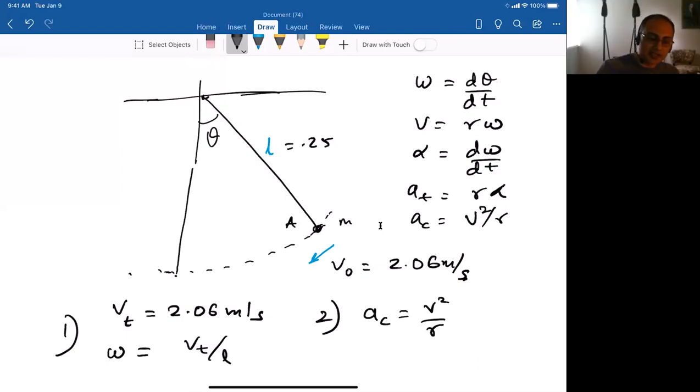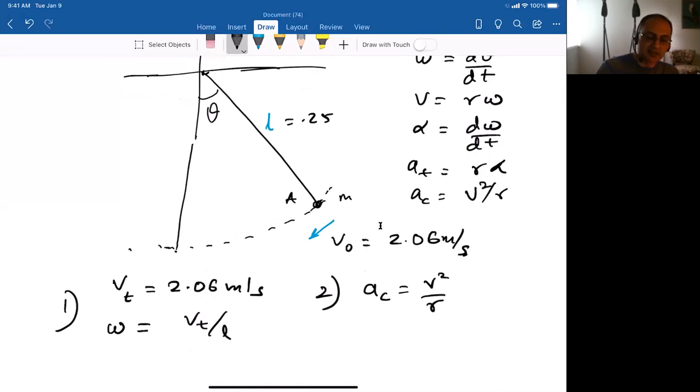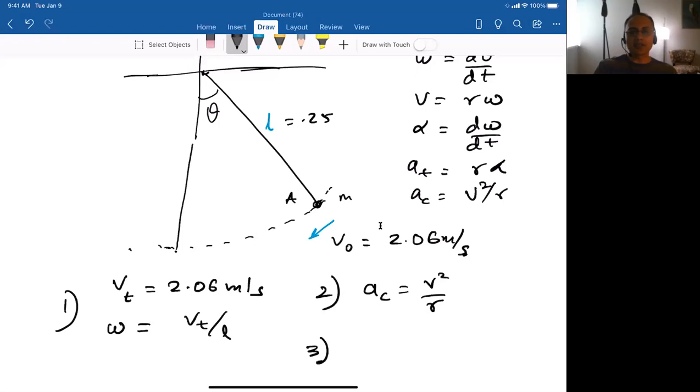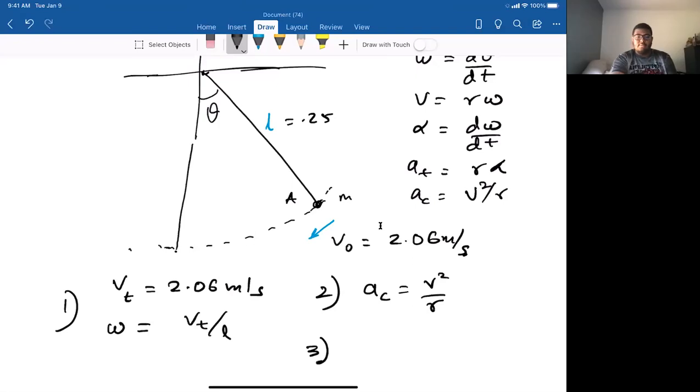The third question is, what is the tangential acceleration of the bob? So we know that this is, would you say that this is uniform circular motion? No. Why is it not uniform circular motion? Because there will be an acceleration in the tangential direction.